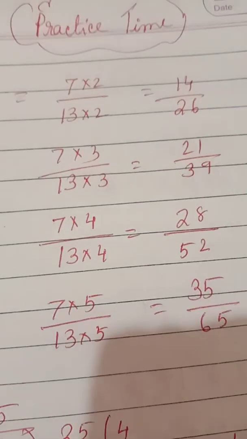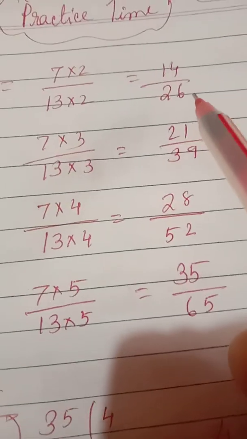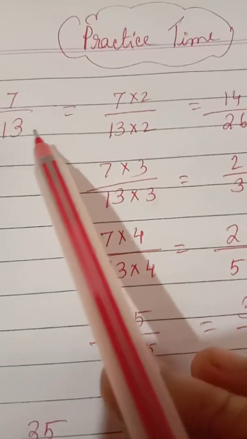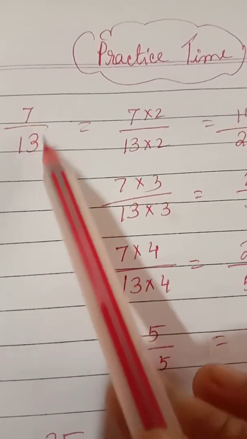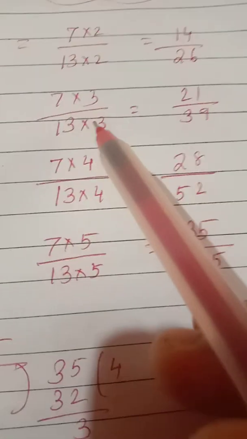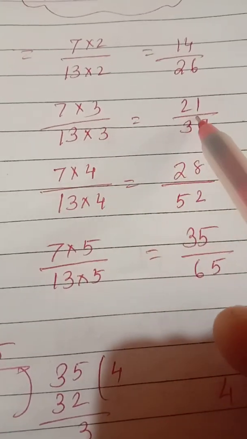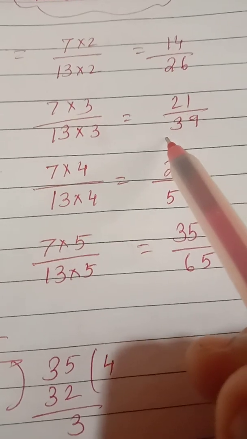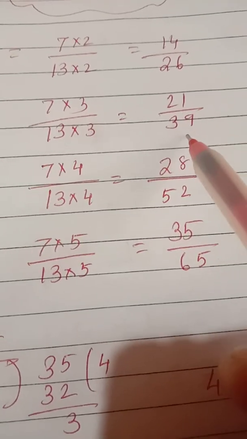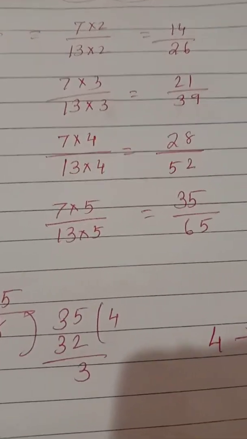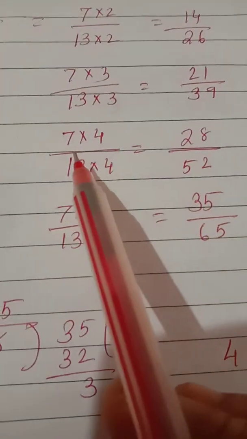So 14 upon 26 is the equivalent fraction of the given fraction, that is 7 upon 13. In the same way, I am multiplying 7 by 3, 21, and 13 by 3, that is 39. So 21 upon 39 is also an equivalent fraction.